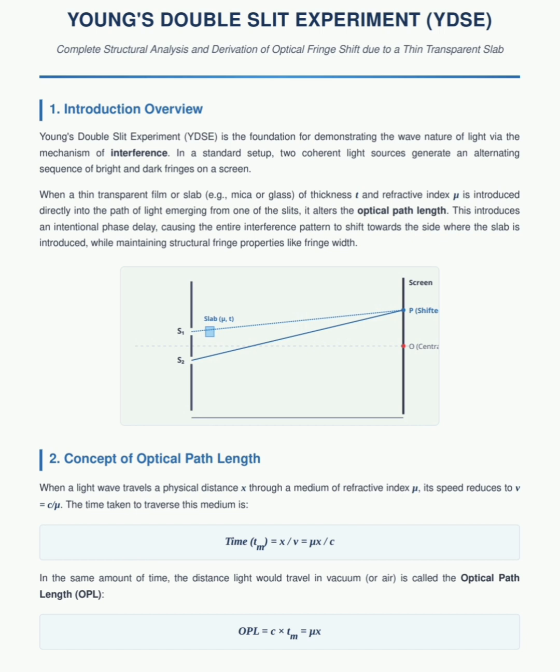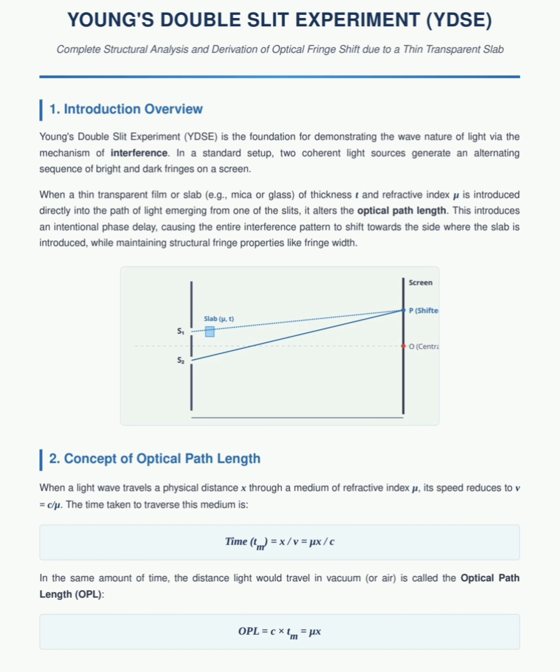So this introduces an additional phase difference between the two lights coming out from the two different slits, and due to this the entire interference pattern shifts towards the side where the slab is introduced. Right, now let's understand how we can define the optical path length.